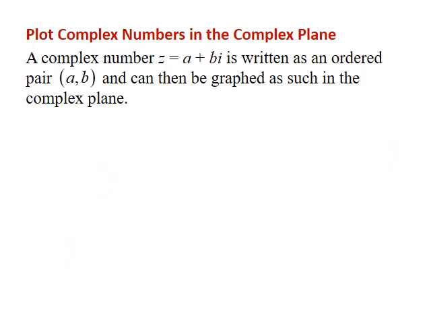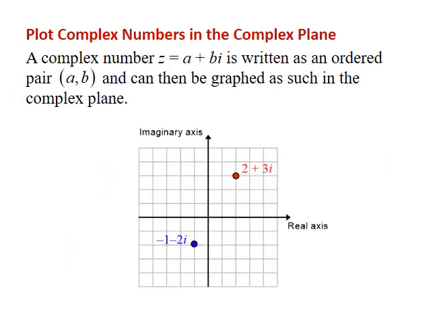So if I were to plot some complex numbers, the one in red here, 2 plus 3i, has a real part of 2, so we will go to the right 2. It has an imaginary part 3, so we will go up 3. So this is very similar to the ordered pair (2, 3).